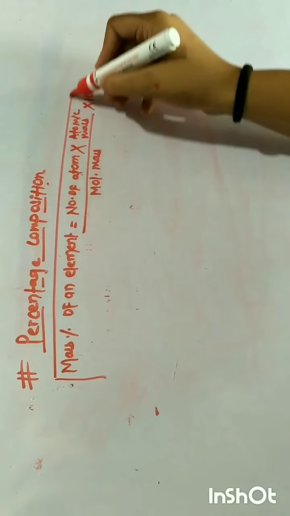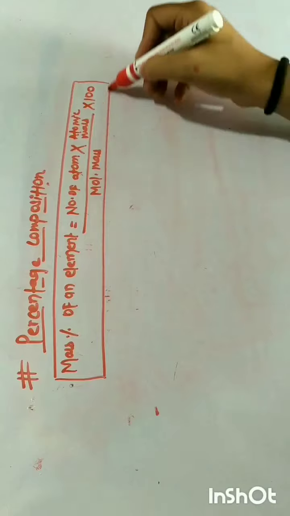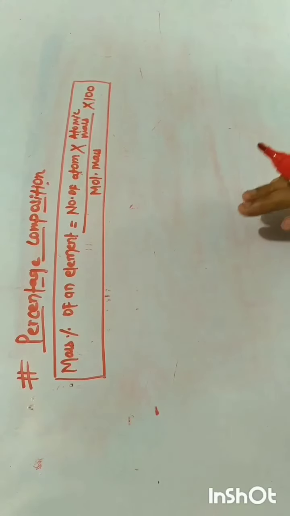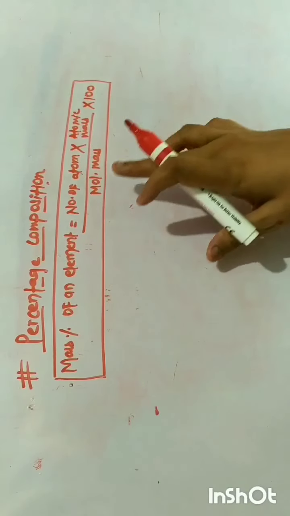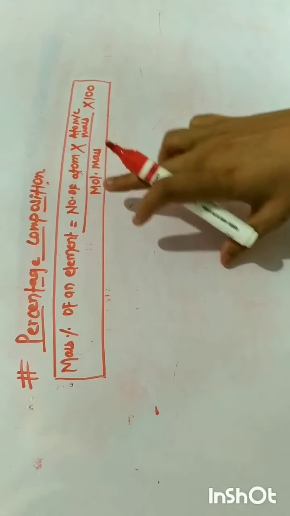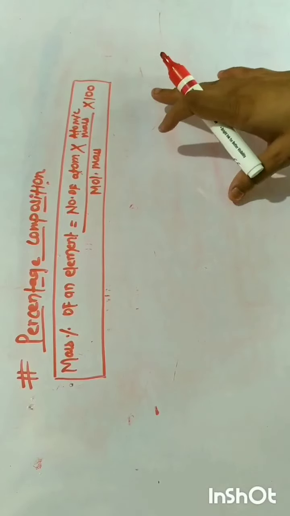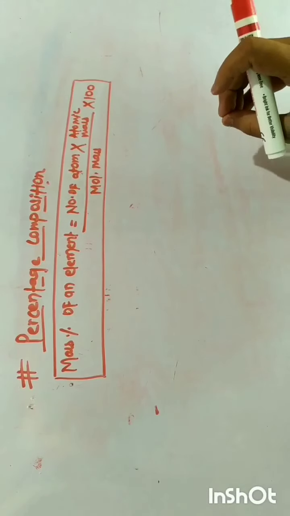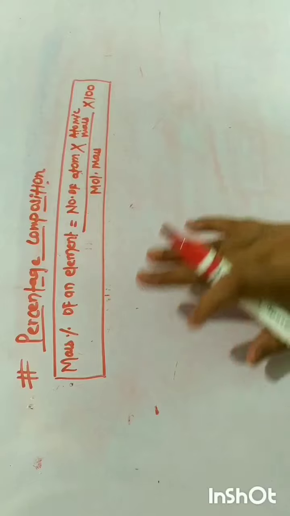Okay, so this is our main formula for the calculation of percentage composition. Mass percent of an element is equal to number of atoms of that element into atomic mass by molecular mass into 100.